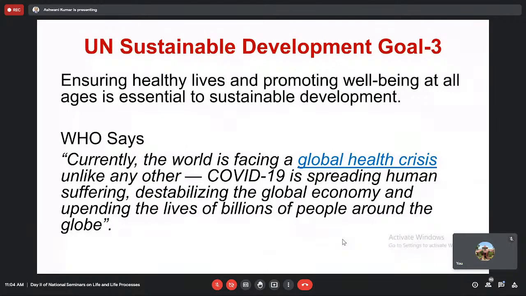COVID-19 is spreading human suffering, destabilizing the global economy, and upending the lives of billions of people around the globe. COVID-19, as we know, we are passing through such a disastrous phase at the moment, is an outcome of coronavirus, which is zoonotic in nature, and now it has caused havoc in the entire world, as we know.